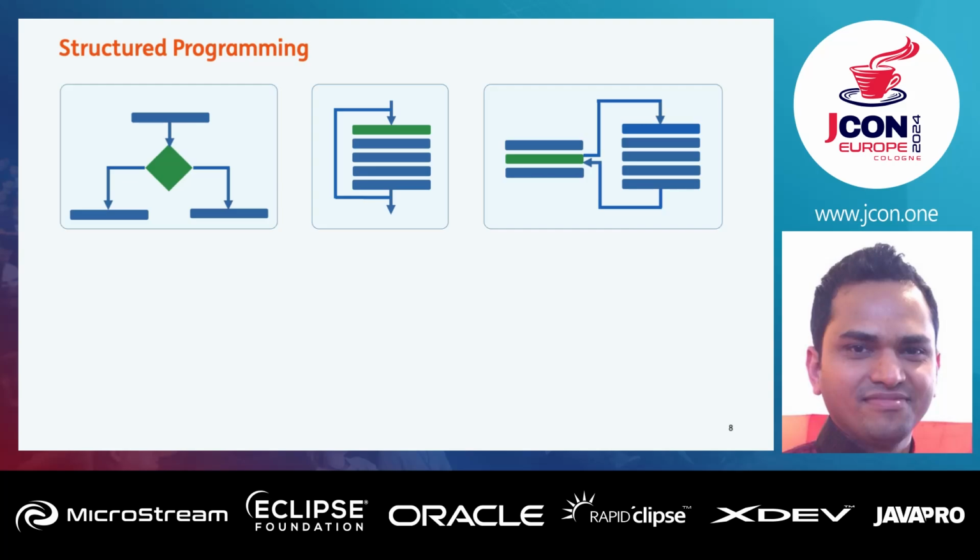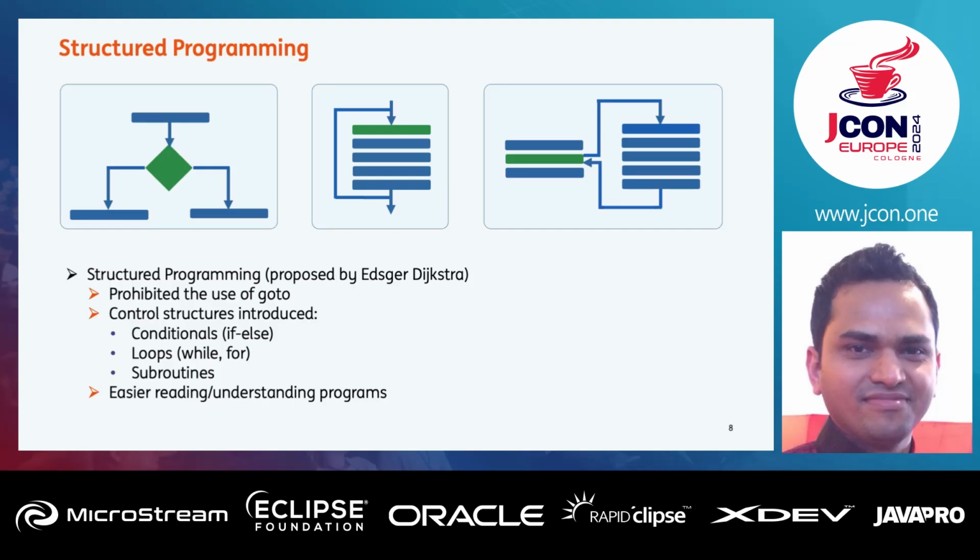So what they did was that they made programs easier to read and easier to understand, because by using these control flows, you can isolate part of the program, and that makes your programs easy to read. So structured programming, as proposed by Edgar Dijkstra, prohibited the use of goto, and it introduced control structures like conditionals, loops, and subroutines. And that made programs easier to read and easier to understand. So basically, the issues with goto were removed.